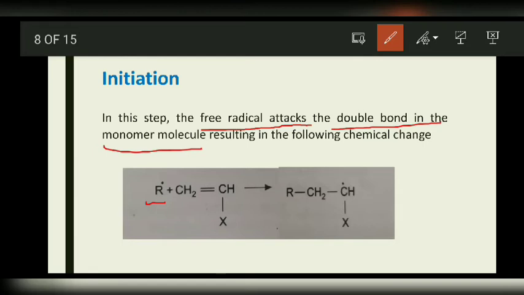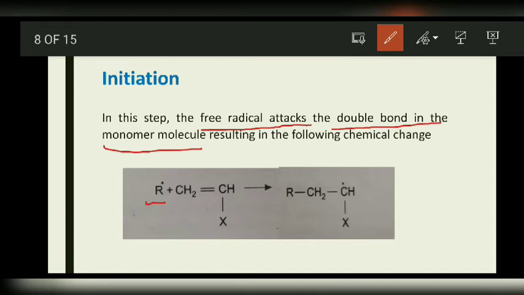So this is the vinyl compound. We are taking an example of a vinyl compound, and here there is a carbon-carbon double bond. You know that in the carbon-carbon double bond, one pair of electrons exists as the sigma bond and the other pair exists as pi electrons, right?